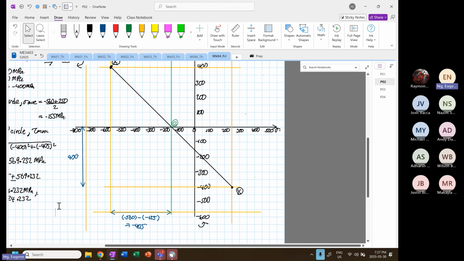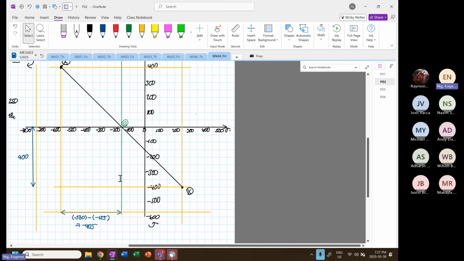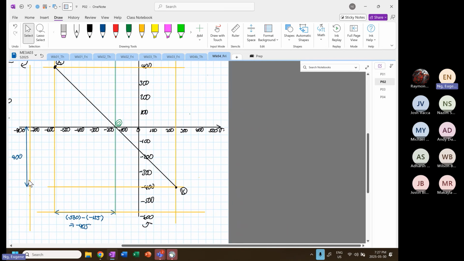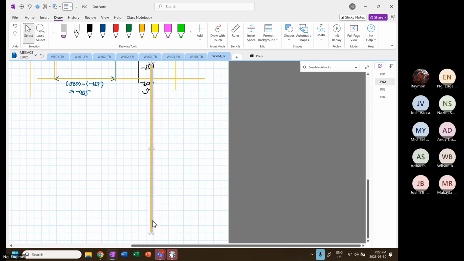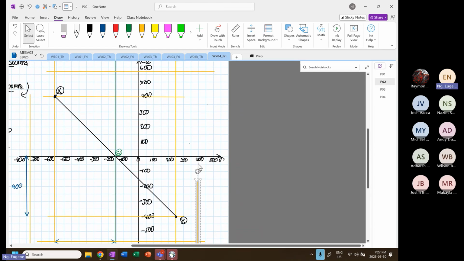And then the other one is 414. So that is the other principal stress. Okay, so 414 is somewhere, I'm going to eyeball this. So this is 425, 414 is about here.